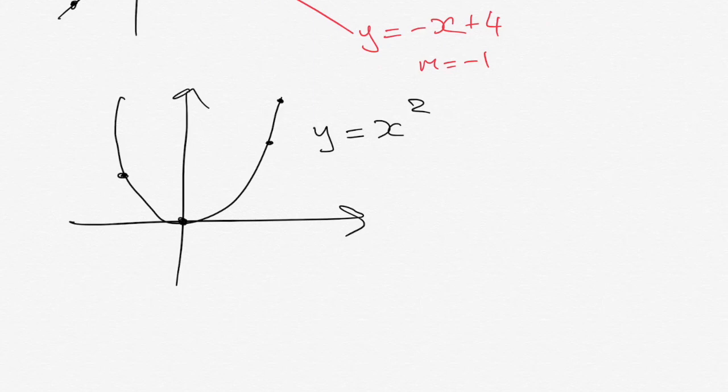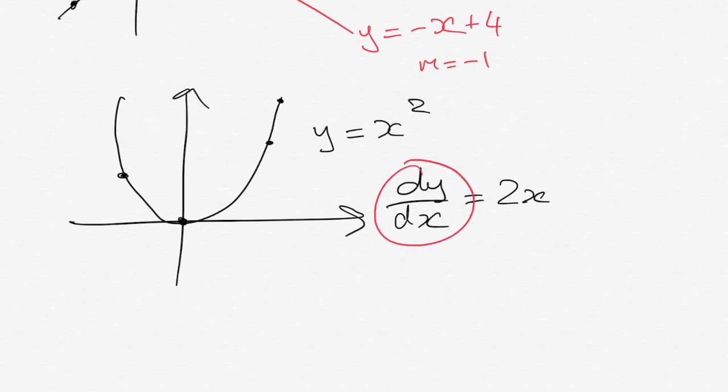Well, we actually have an equation, and that equation we're going to call the derivative. I'm going to tell you how we come up with the derivative later on, how we find it, but for now just take my word for it that the derivative of this function is 2x. We write our derivative using this symbol, dy dx.